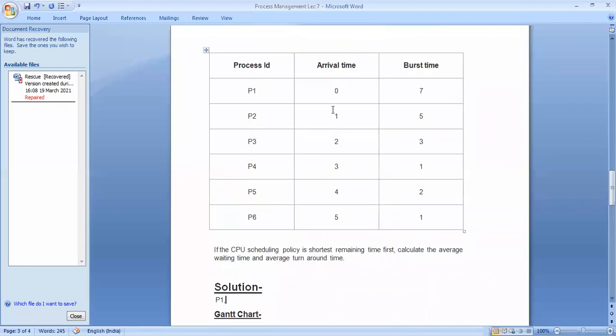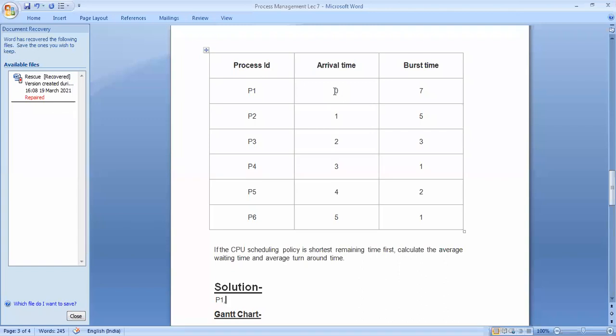Now after 1 millisecond, we see the least burst time. Actually, first of all, we check within the ready queue how many processes are there. When arrival time is 0, only one process is there. After that we'll compare burst time.